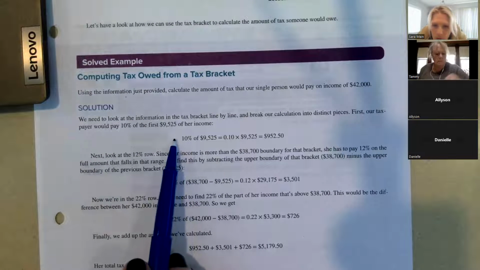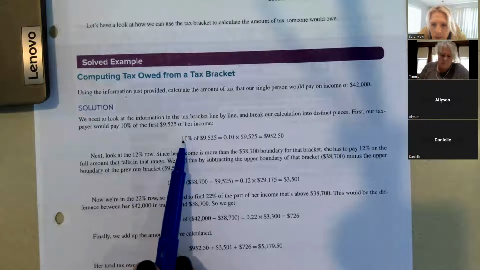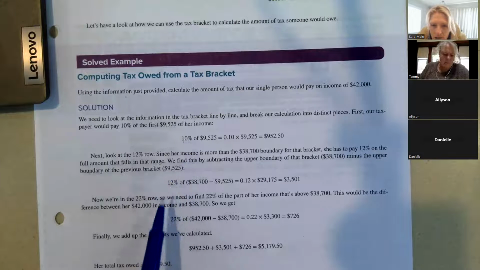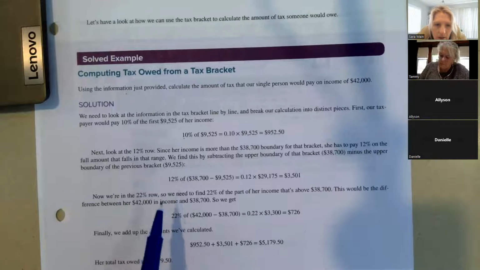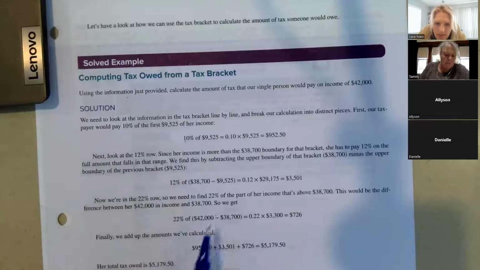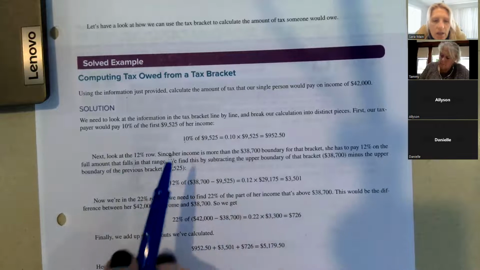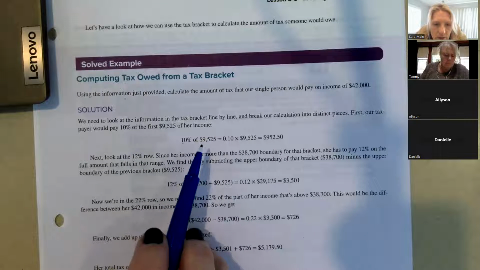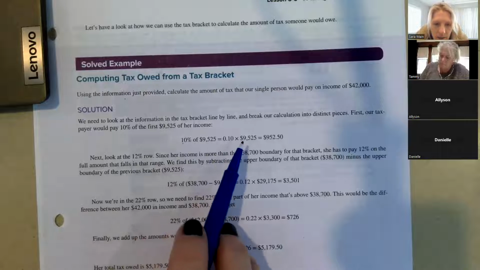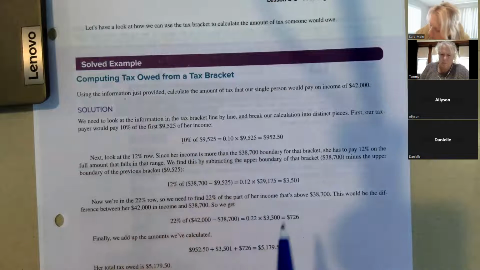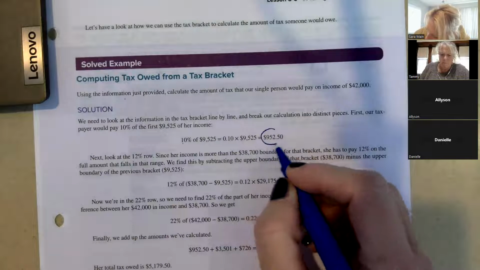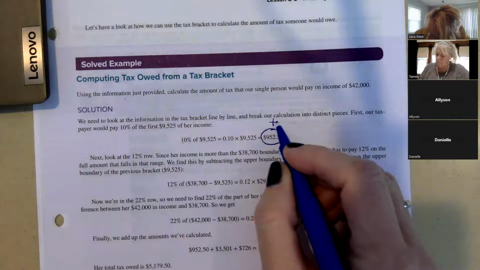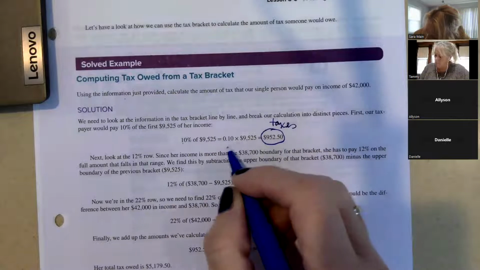So notice we're going to calculate how much in the 10% category, how much in the 12%, and then down here how much in the 22%. And we're going to set it up the same every time. So 10% of 9,525 is 0.10 times that whole chunk, which means she's going to pay $952.50 in taxes on the money that falls in that category.